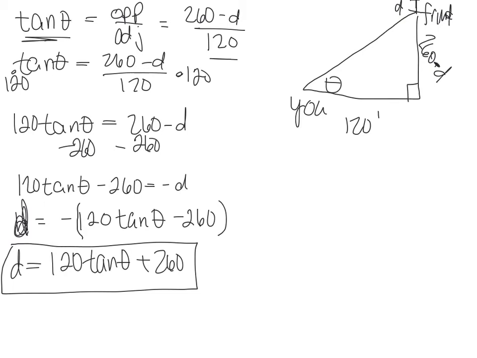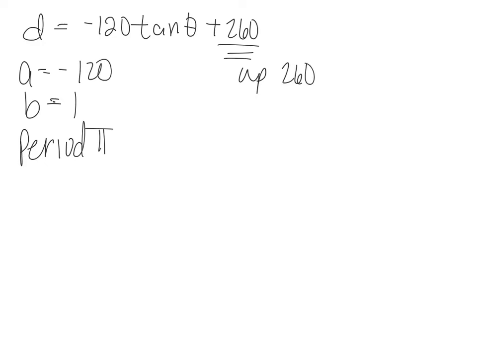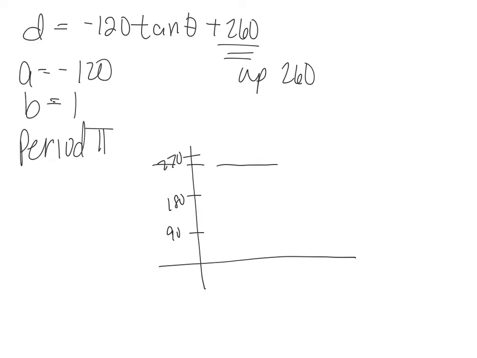Cool. Now I'm going to graph that. So I know d equals negative 120 tan theta plus 260. So A is negative 120, B is 1, my period is pi, we're going up 260, so I don't know, 90, 180, 270, I have a midline there.